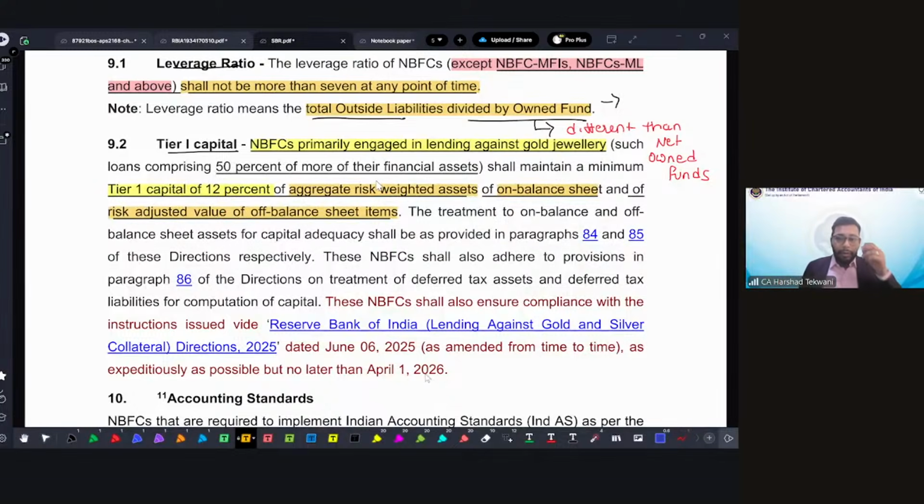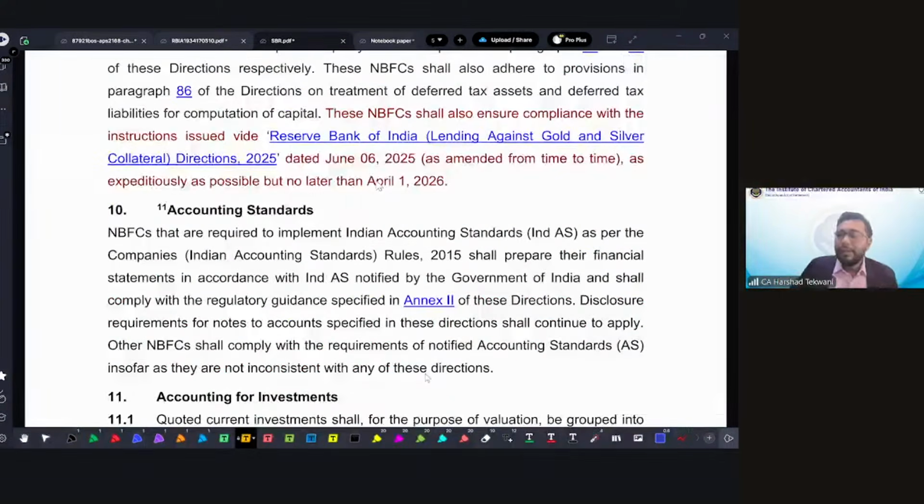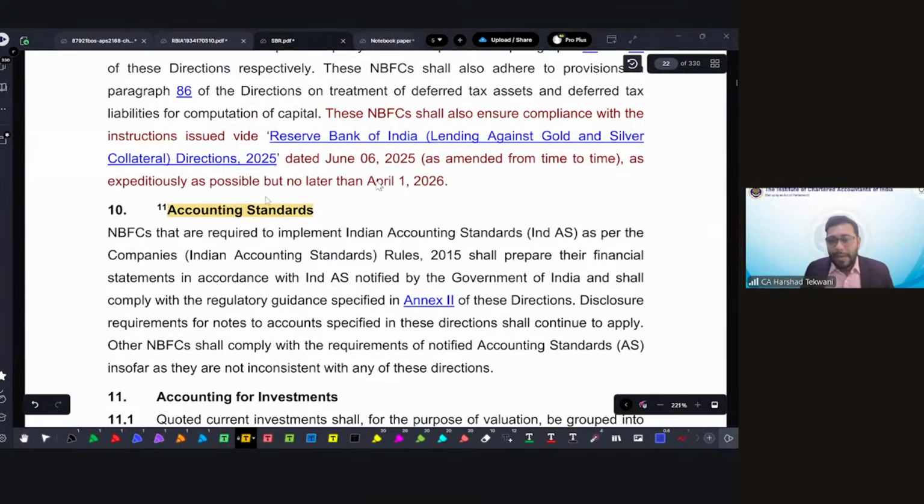Accounting standards. Again, this particular regulation also specifies which accounting standards will be applicable to an NBFC. Now, you already know we have Schedule 3. Which division? Division 1?